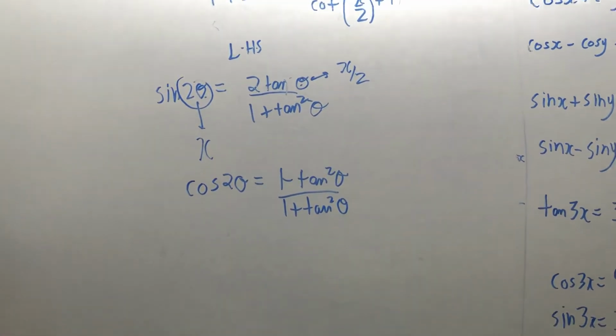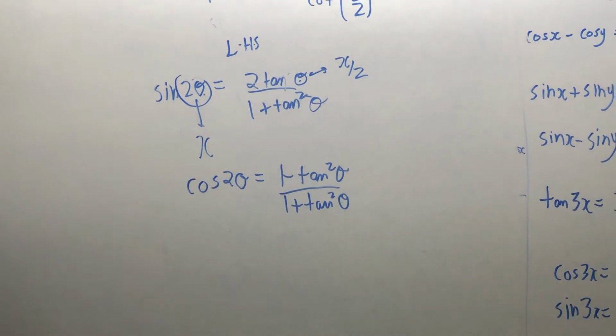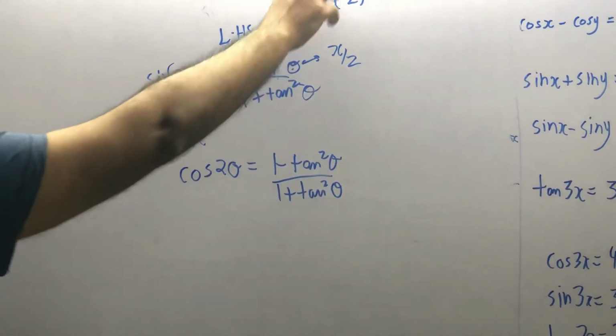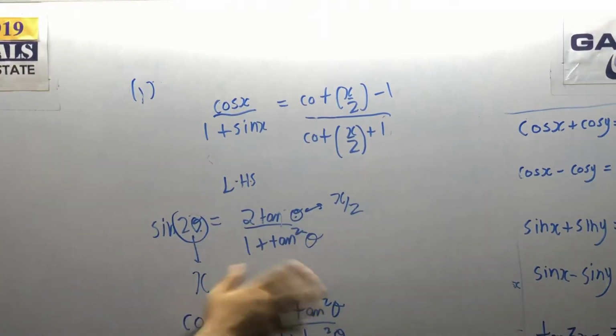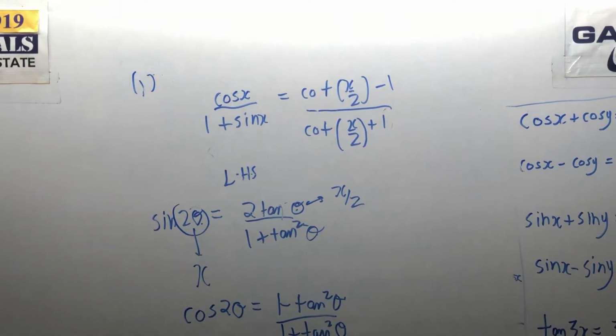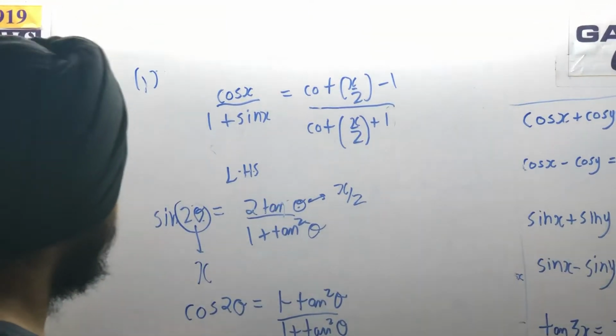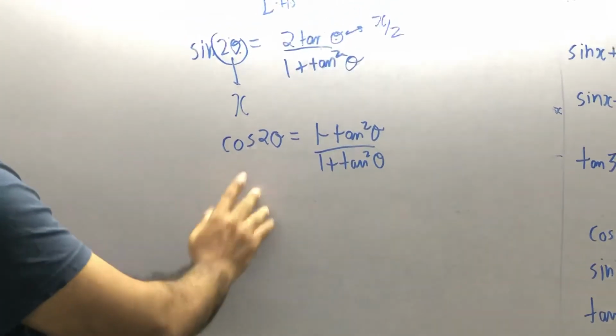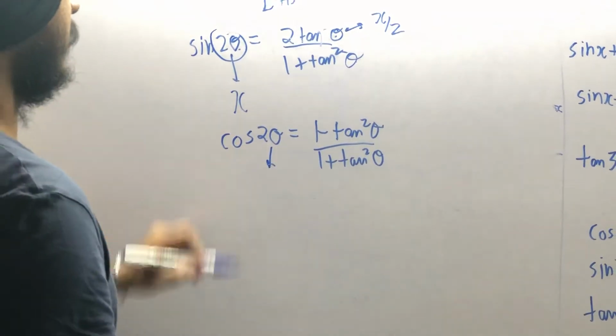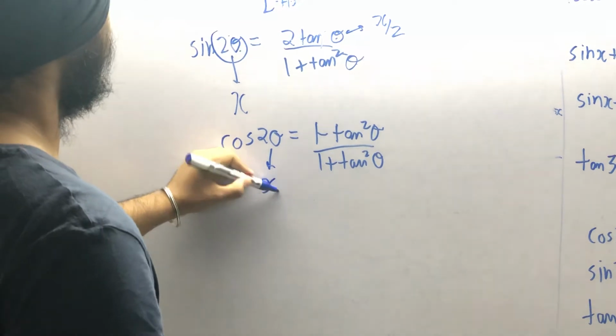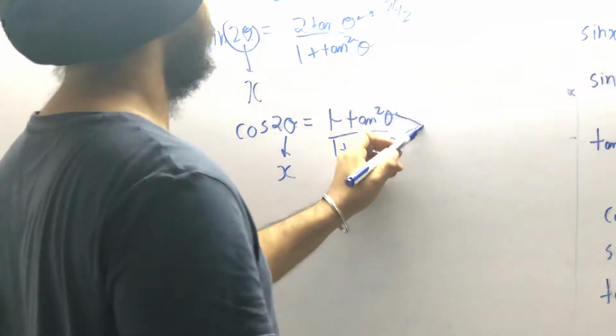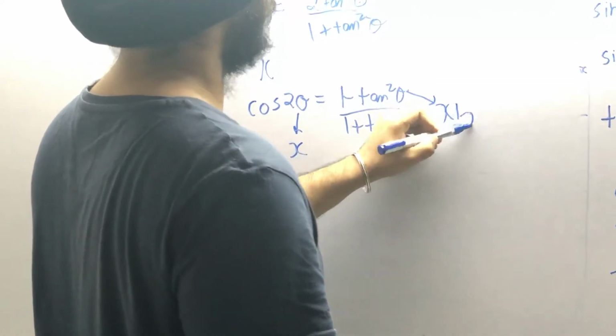You know this formula, right? In terms of tan. Why am I writing all these formulas in terms of tan? Because we have to bring cot, and tan and cot are related, so you can convert that later on. Now if 2 theta is x, this will be x by 2.